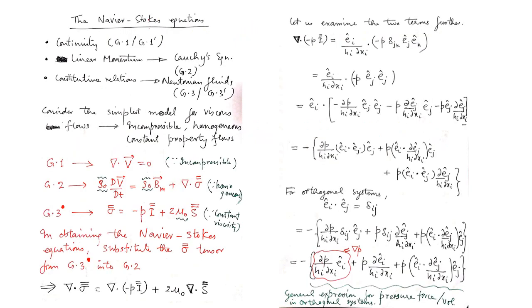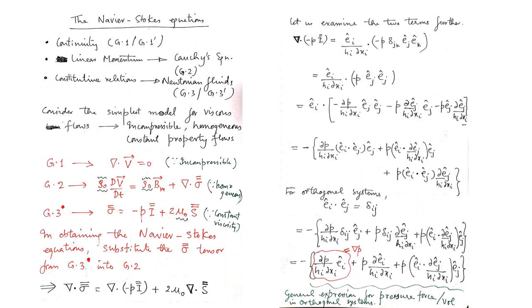Right. So now what's the process? Let us take a quick review of what we have learned so far. We have learned some basic physical principles, how they were applied to a fluid particle, and we derived certain equations which are nothing but mathematical forms of these physical laws applied to a fluid particle. So the first is the continuity equation, G.1 or G.1 dash.